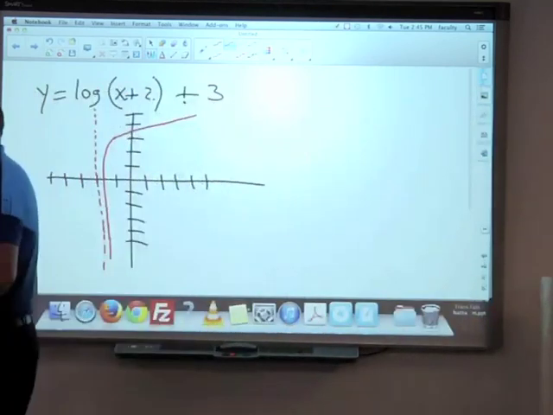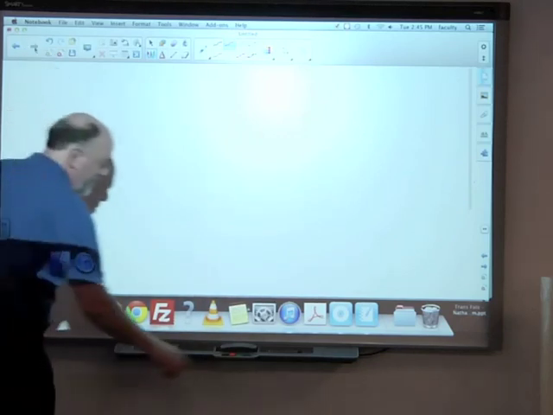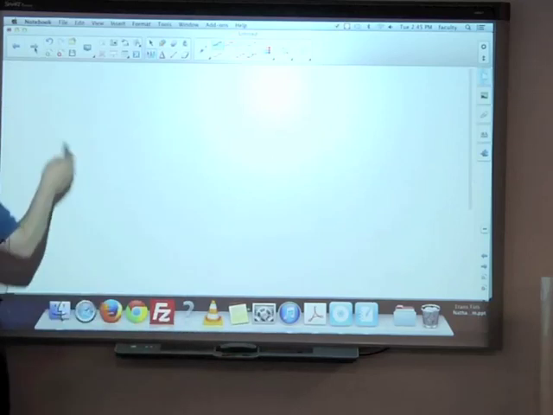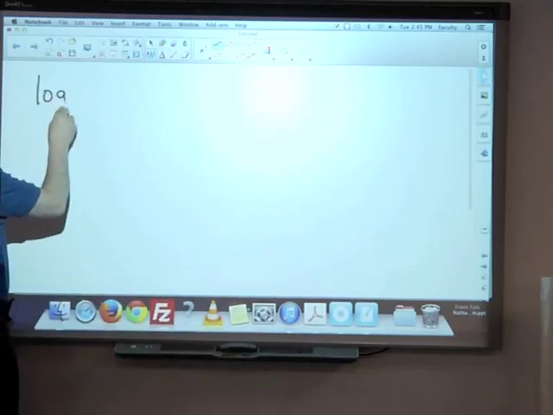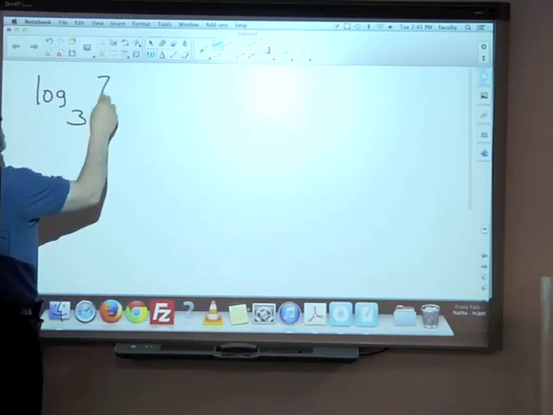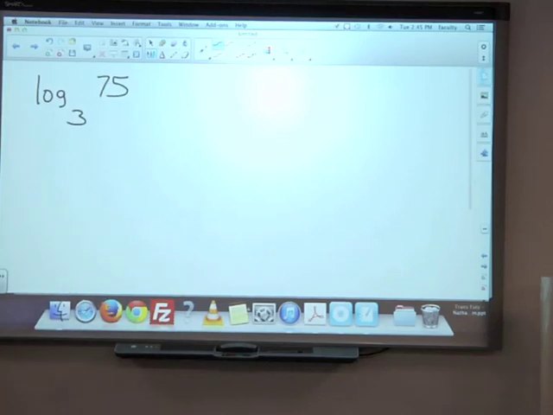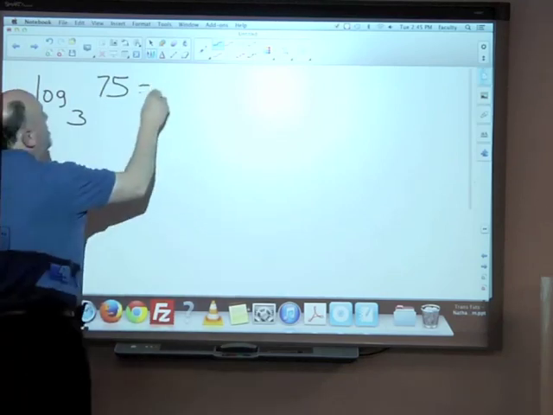Now let's see, your toy can only do log base 10 or log base e. You've got the LOG button and you've got the LN button. Those are the two your toy can do. Well, what if I wanted to know log base 3 of 75?